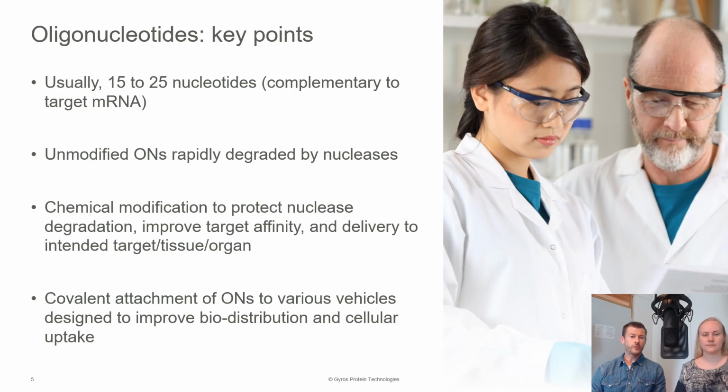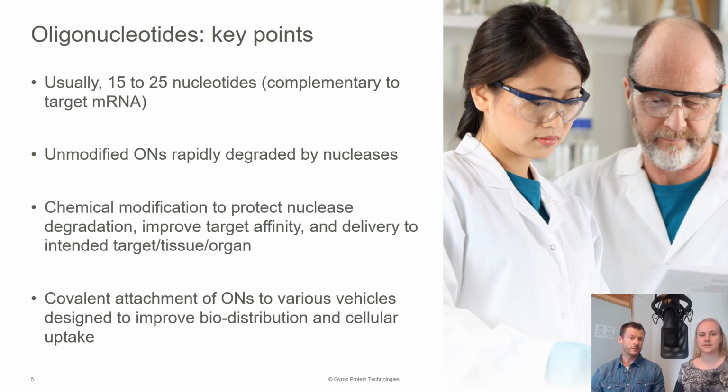So a few key points about oligonucleotides: they are usually 15 to 25 nucleotides in length, complementary to the target mRNA, and unmodified oligonucleotides will be quite rapidly degraded in the body because there are many nucleases that are going to attack those single-stranded DNA.